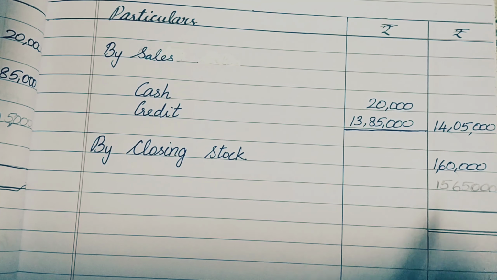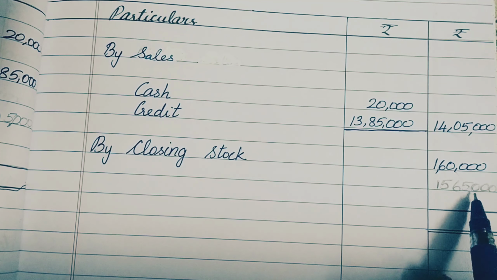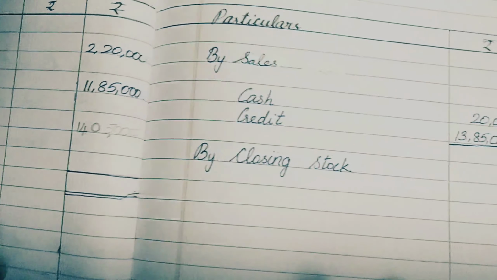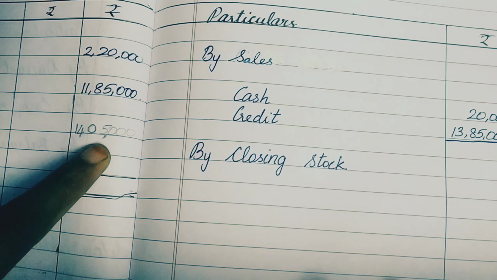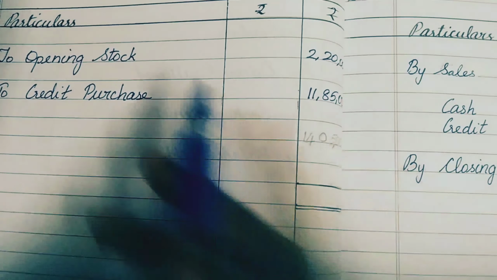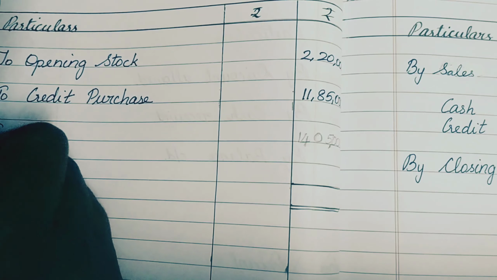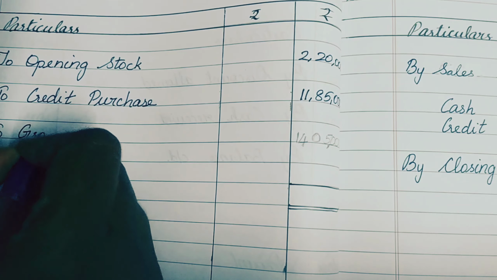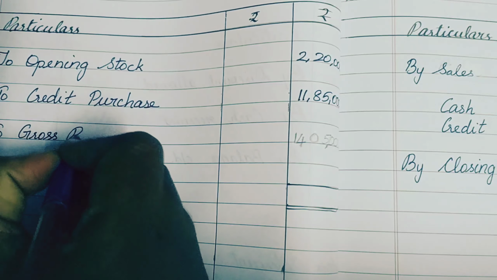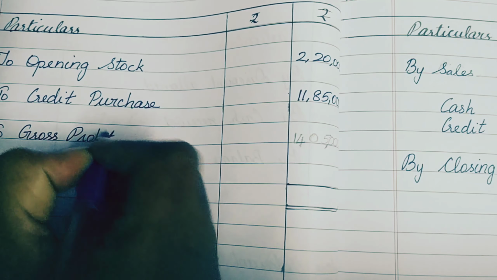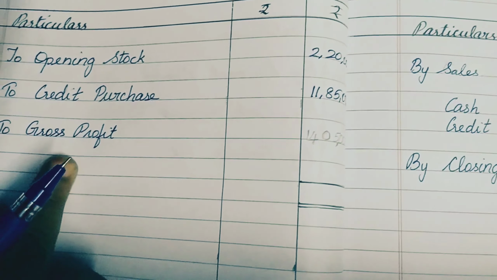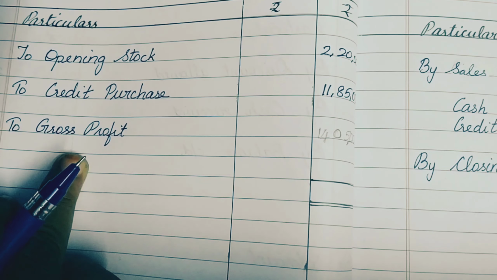So on the credit side, I get a total of 15,65,000, and on the debit side, I get only 14,05,000. So my debit side is less. So go to the debit side and write down there to gross profit. So the answer which we get using a trading account is the gross profit. So this gross profit is going to be carried down to the profit and loss account.